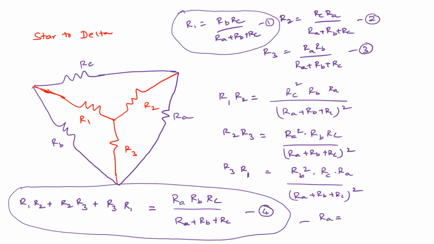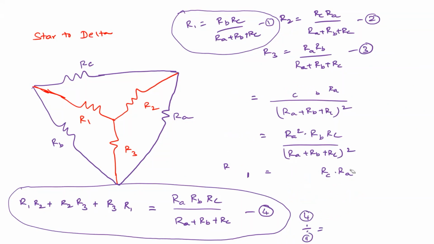Equation 4 divided by equation 1. What will you get? I'm erasing this, it is no longer required. RA is equal to R1 plus R2 plus R3 divided by R2, and similarly for RC.